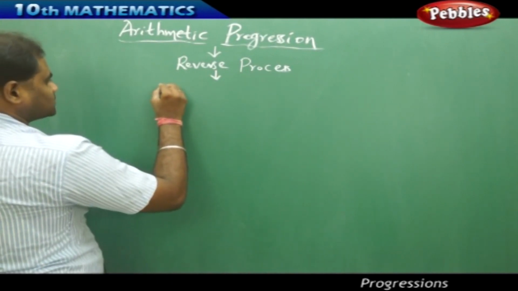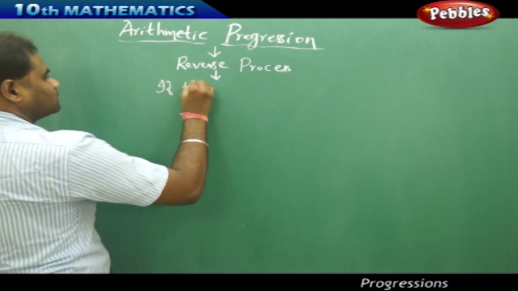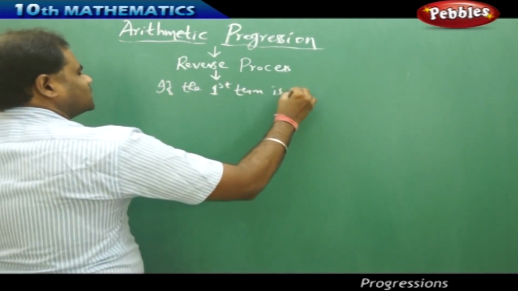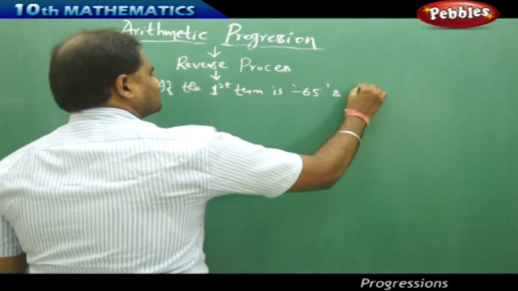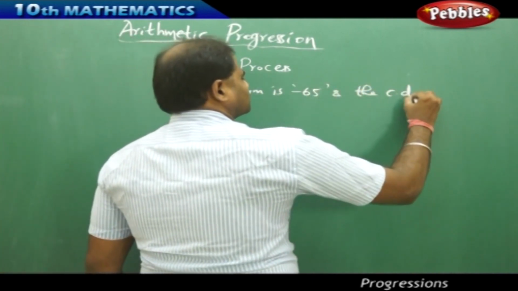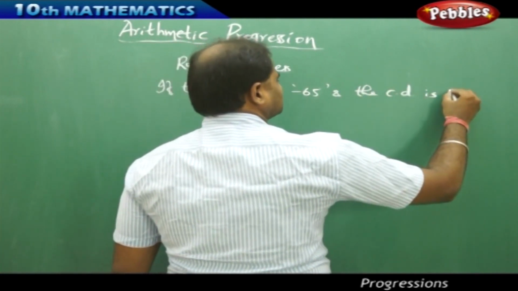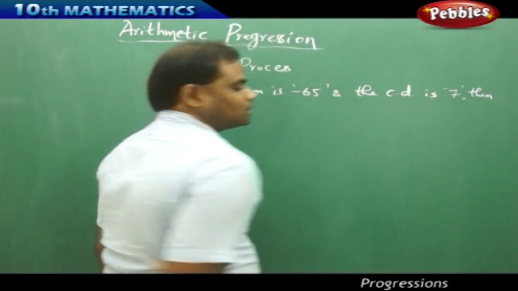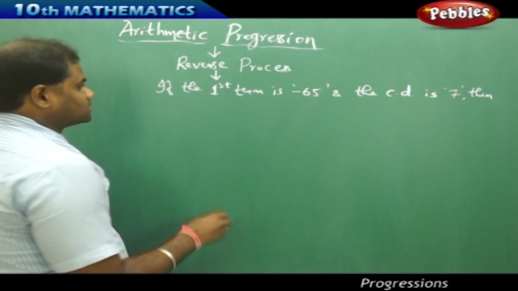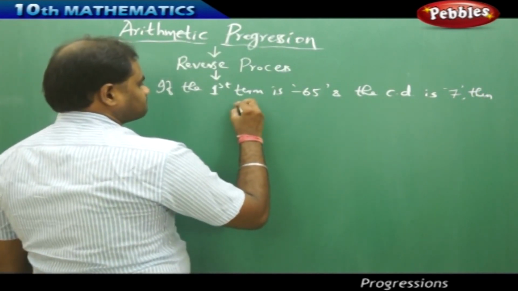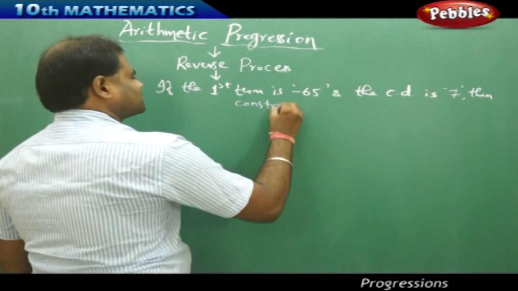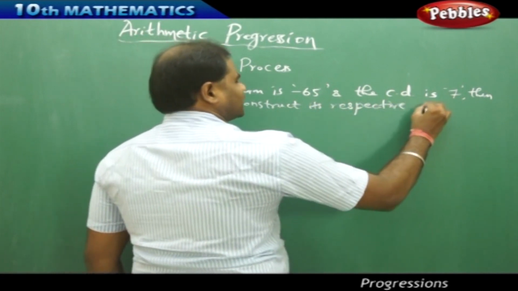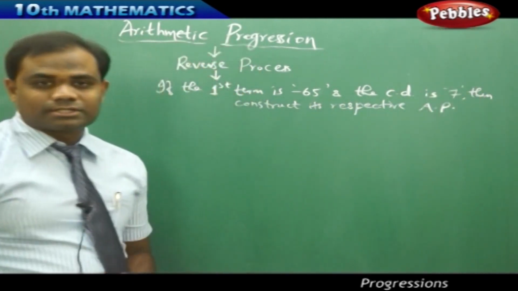So my question here is, if the first term is minus 65 and the common difference is 7, then how do I construct the arithmetic sequence? Construct its respective arithmetic progression is the question here.